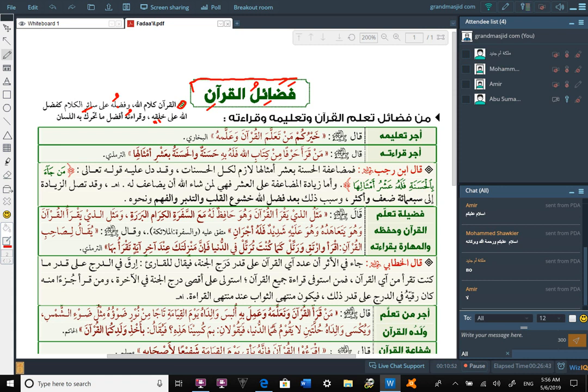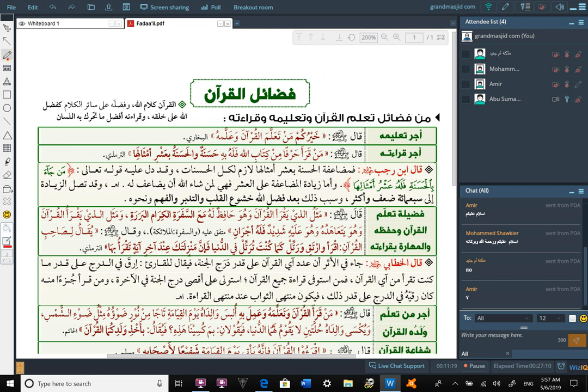Ma taharraka, taharraka from ha ra kaf, this is form 5. Taharraka meaning to move. Bihi al-lisan, its recitation is the most virtuous of what the tongue moves with.